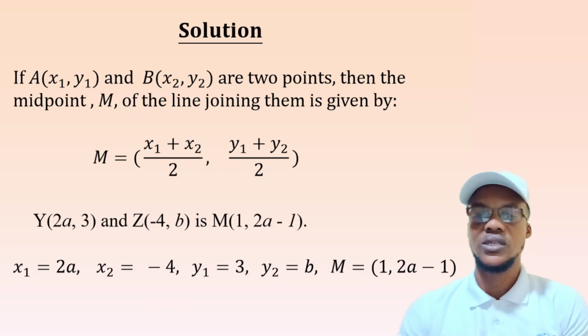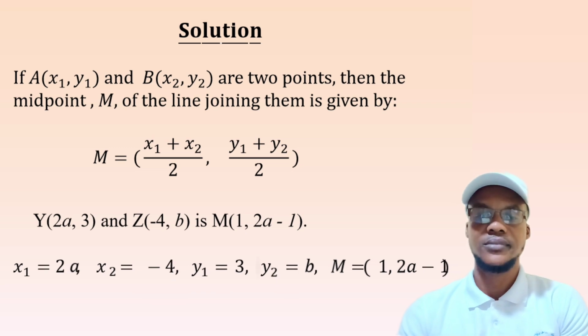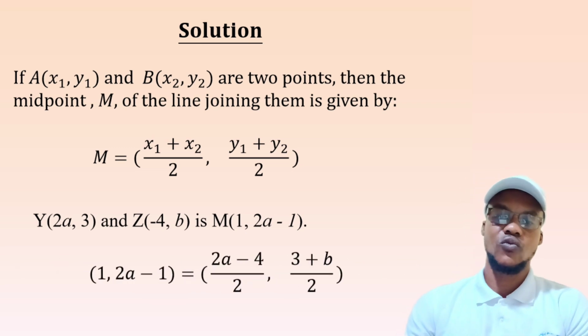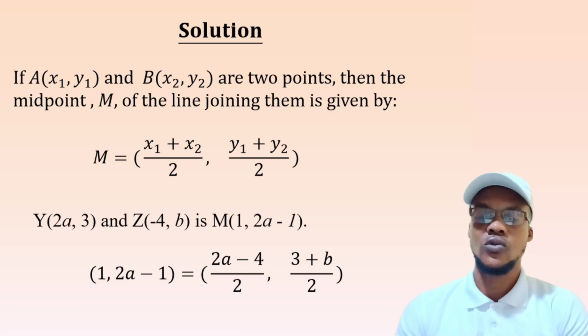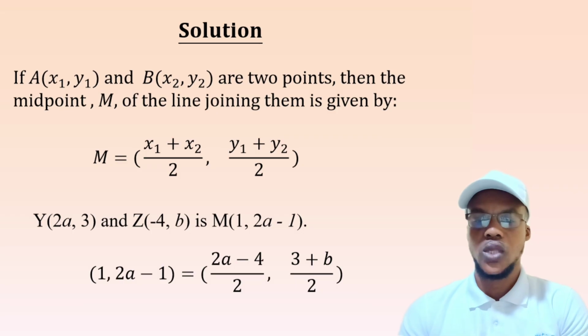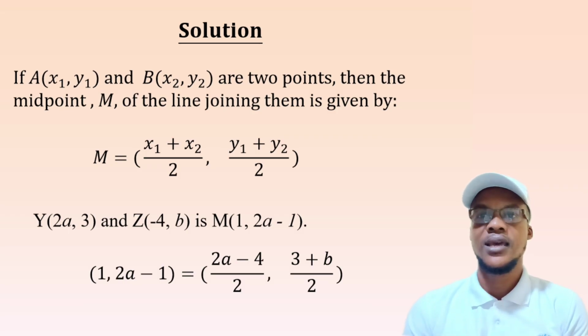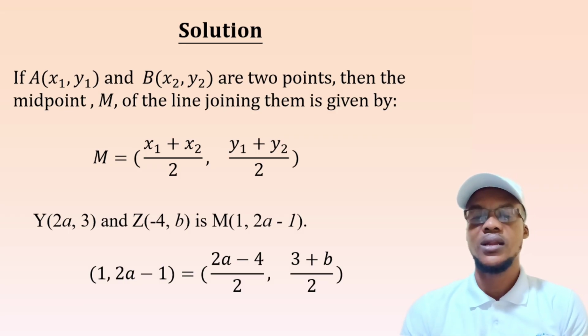If we do substitution, we are going to have (1, 2a minus 1) is equal to ((2a minus 4) divided by 2, (3 plus b) divided by 2). Once we have this, it means that we shall be equating corresponding values. On the left side we have 1, which belongs to the x value.